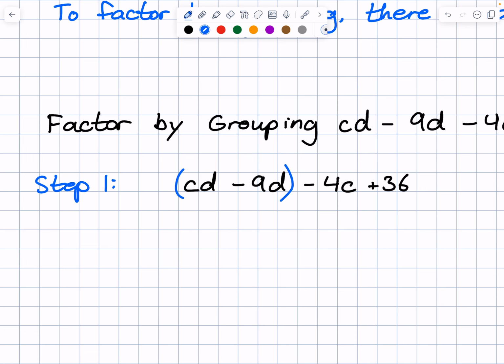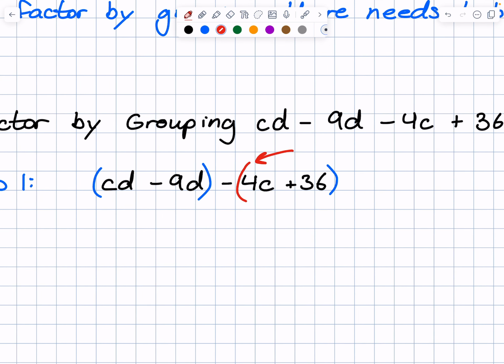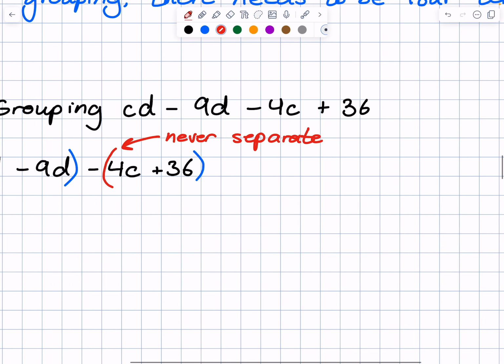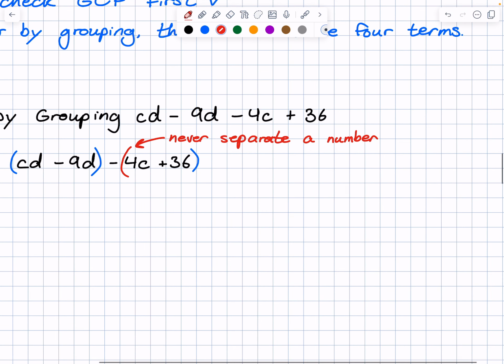And then you put parentheses around the second 2, but here's a problem. You may not put parentheses here, and this is because we are separating the negative from the 4, and you may never separate a number from its negative.